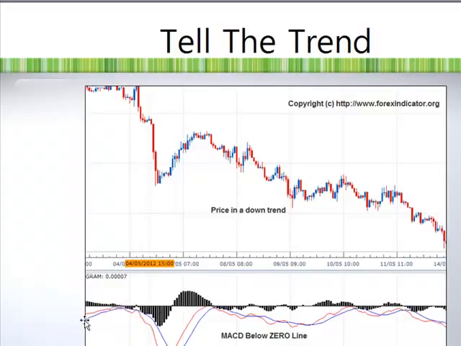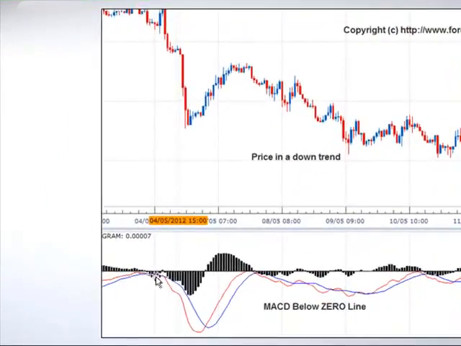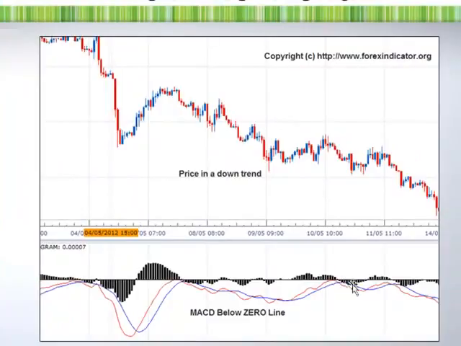You can see the MACD line is always below the zero line. The longer it stays below the zero line, the stronger the trend is. All the way, it's telling you that now you're in a strong downtrend.